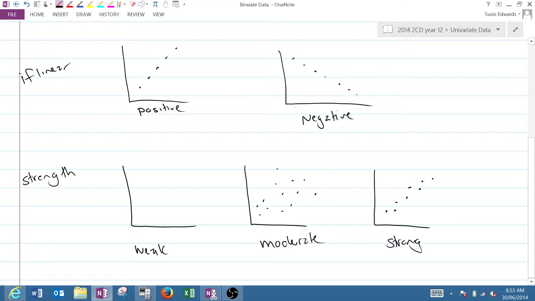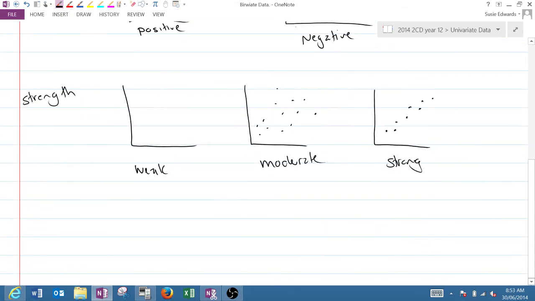A weak relationship's even more spread out, but you should still be able to see some sort of direction happening. You can also have no relationship where they're really, really spread out, but usually weak is more often used.